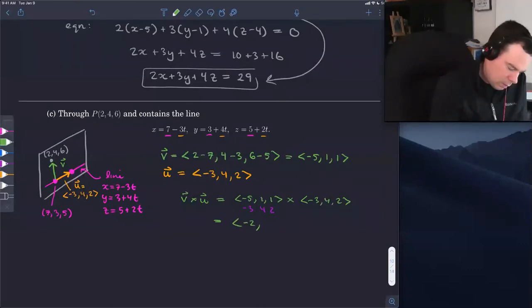And then the next one is negative of -5 times 2, -10 plus 3. -10 plus 3 is -7. And then the last one is -5 times 4 is -20 plus 3 is -17. So we get -2, 7, and -17.